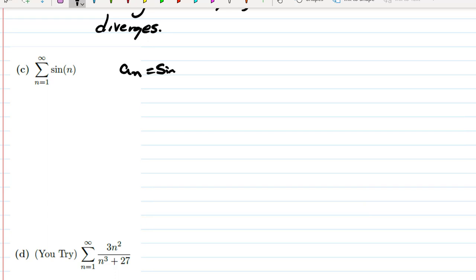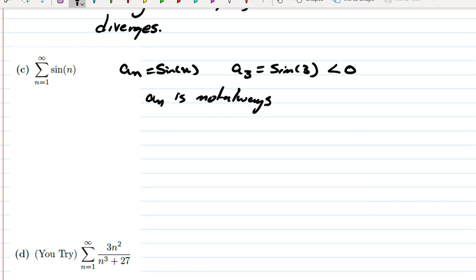We have a_n equals sine n. If we check a sub 3, which is equal to sine 3, the sine of 3 is less than 0, so a_n is not always greater than or equal to 0. So we can't use the integral test.